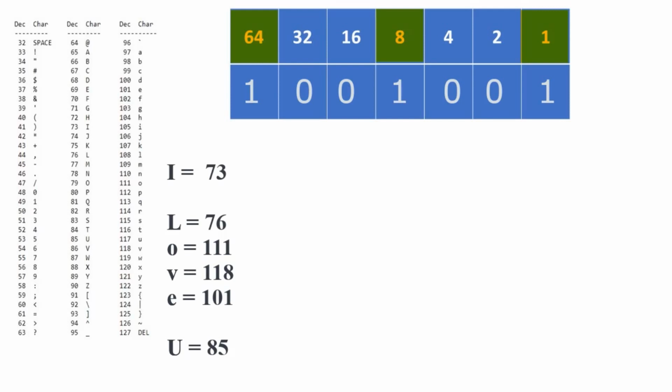Yan yung on and off. Yung on, yung highlight. Yung hindi highlighted, yun yung off. So, 1 is on if 0 is off. So, ganyan pagbasa ng binary. So, 73 or I, the binary code of I is 1001001. And that's it.